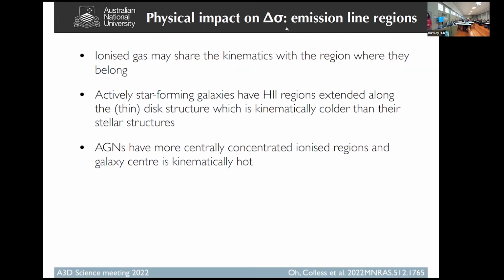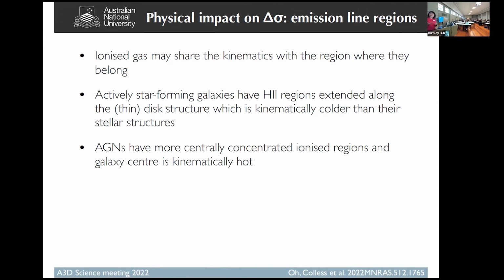Another explanation for the relation between the delta sigma and the CAGN is a difference in the emission line regions according to the power sources. So for example, the emission line regions of actively star-forming galaxies, their HII regions, are spread over the disk component, which is dynamically colder than the stellar parts.